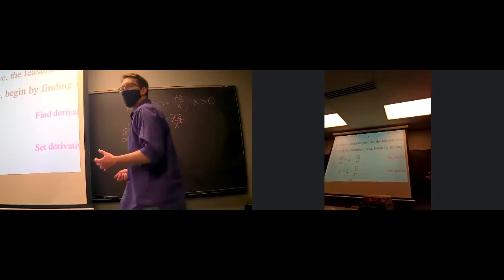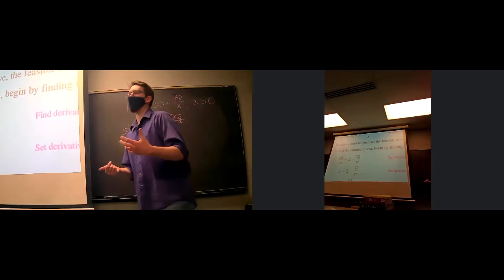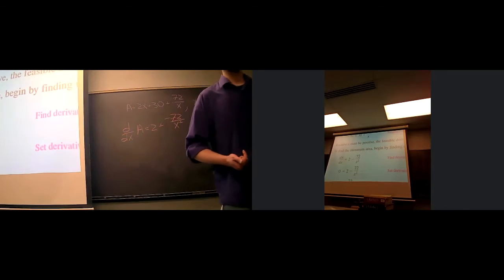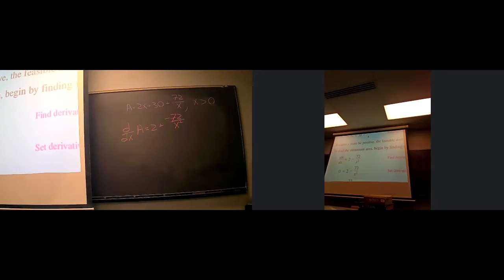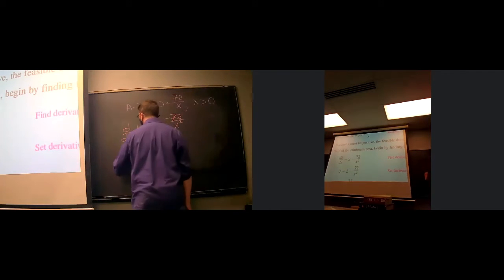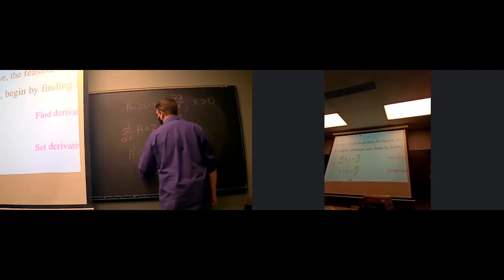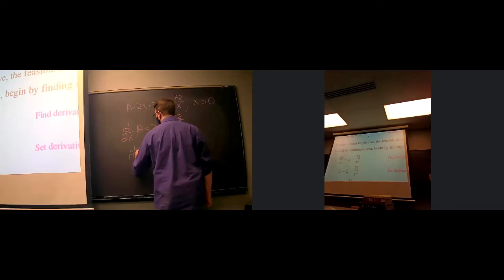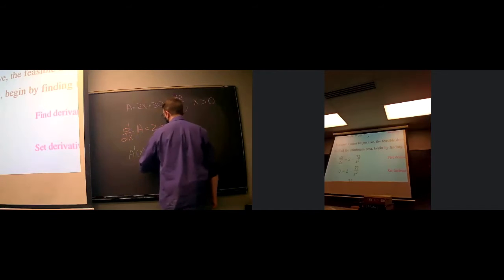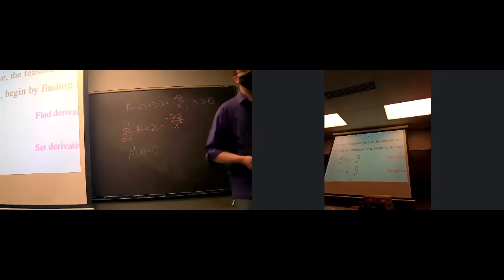So now we want to find a critical point, right? That's what we're asking for when we're minimizing or maximizing, right? We want to find our critical points. So now we're going to set this derivative equal to 0. So A prime, let's say A prime of x is equal to 0, because it's a function of x, right?